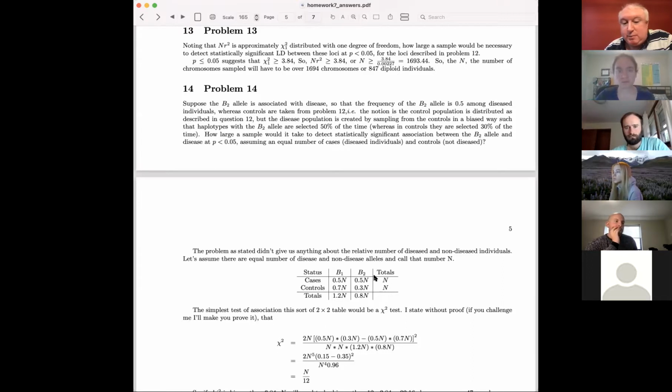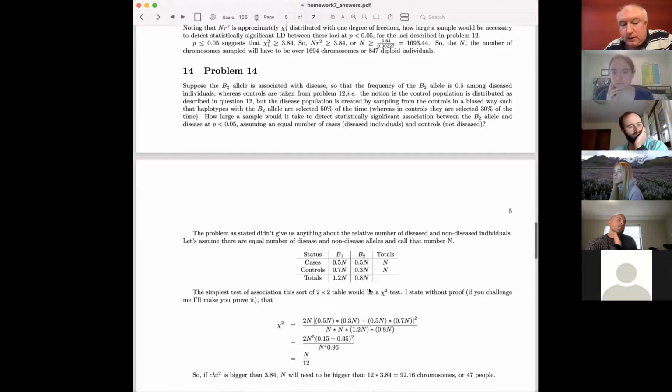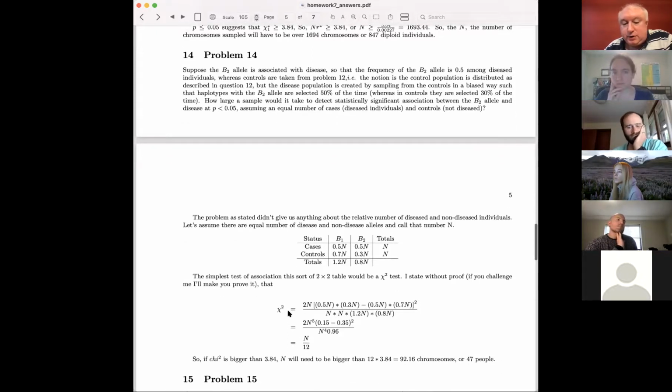So the number of people is probably half that, so the number of people might be N. And therefore the counts in here are something like 0.5N, 0.5N, and so forth. So when you do the simple math, you find that the final chi-squared is equal to N over 12.